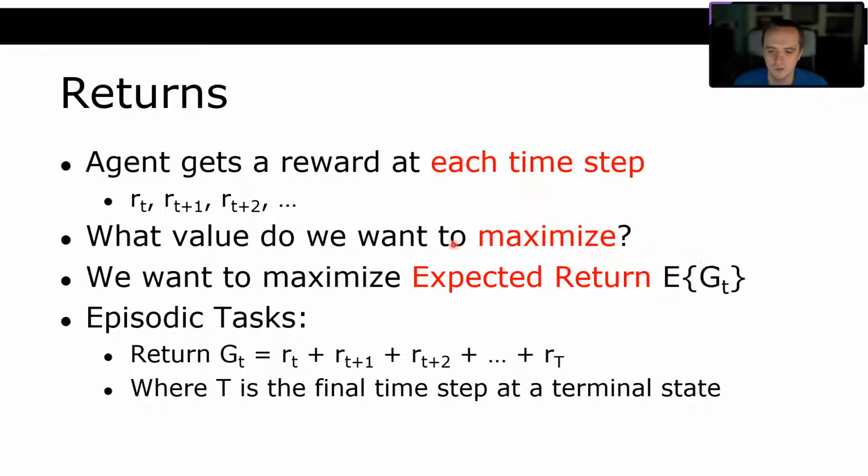So what do we mean by expected return? Okay, so expectation, if you've talked about expected values in statistics, hopefully you have by now, if you've done any statistics course, the problems that reinforcement learning can solve could have randomness in them. So for example, in blackjack, let's say I have 16 and the dealer is showing a 6.